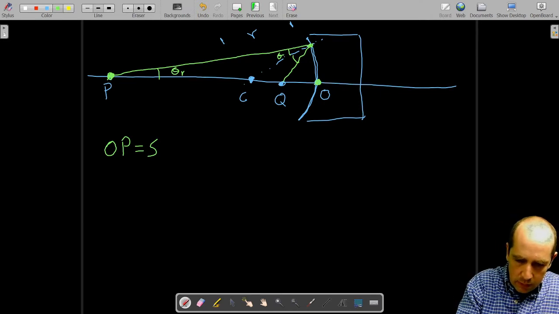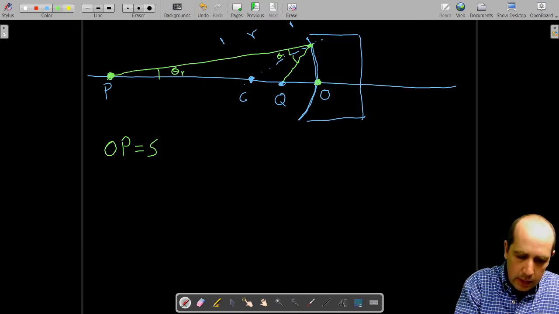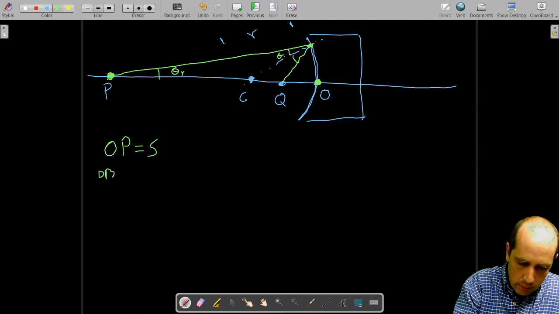So it's the distance with respect to this point where the object lies, the object distance.